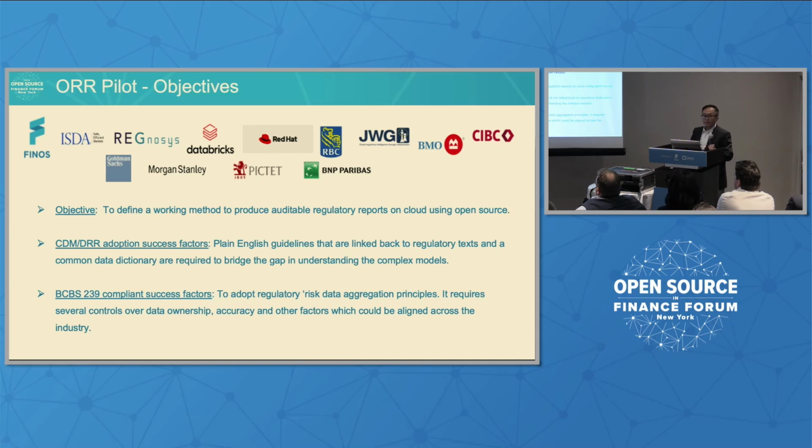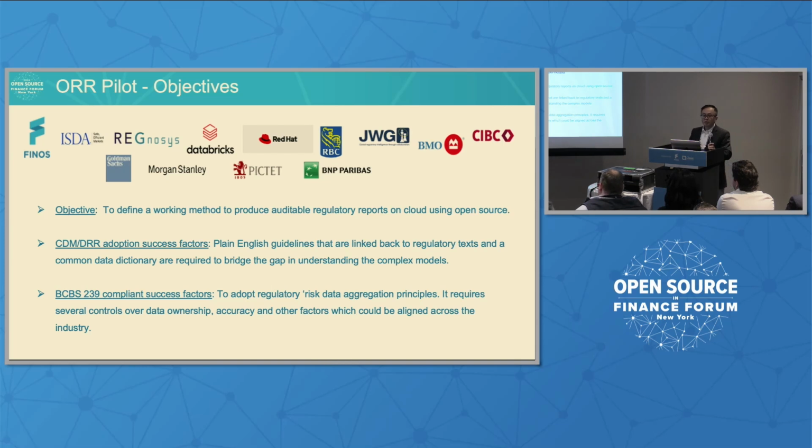RBC is the main sponsor for these initiatives, and has contributed some of the business objectives and goals based on feedback from business use cases. The main objective of this pilot is to define a working method to produce an auditable regulatory report using open source on the cloud.